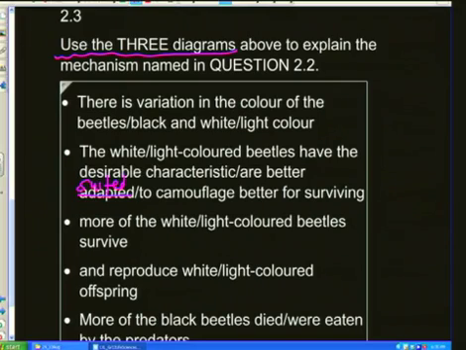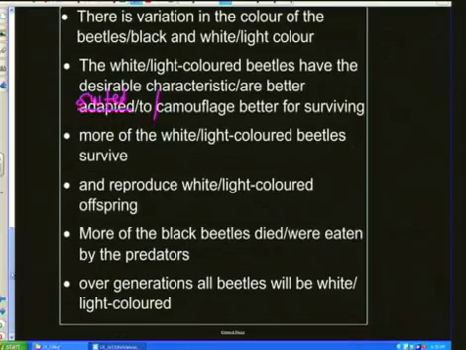Or they have camouflage, which is better for surviving, probably because the environment may have been lighter. So more of the white ones will survive. And if they can survive, then they will be able to reproduce. More of the black beetles died or were eaten by the predators. Over generations, all beetles will be white or light colored.